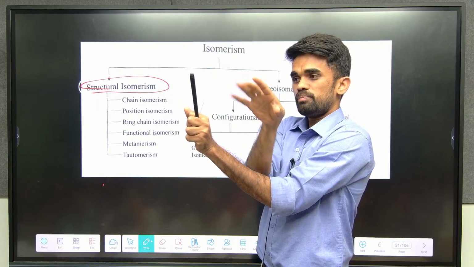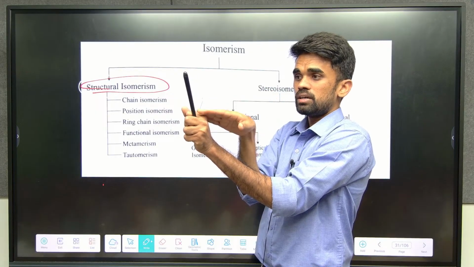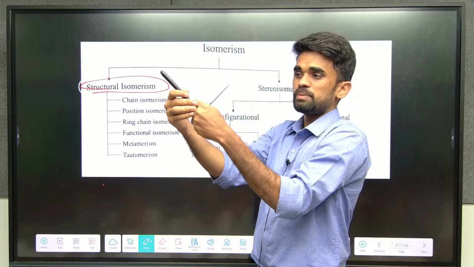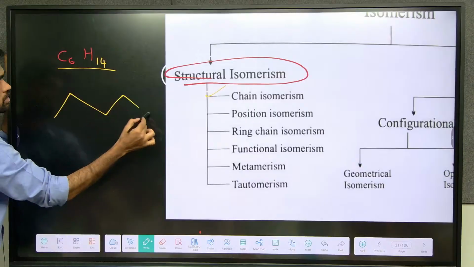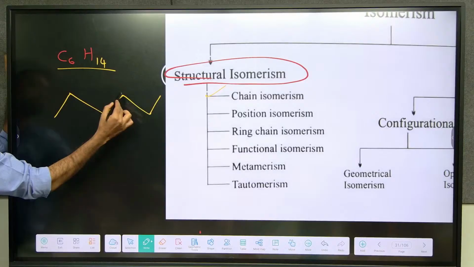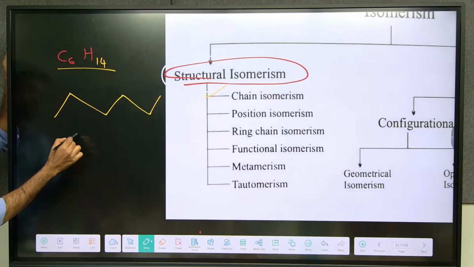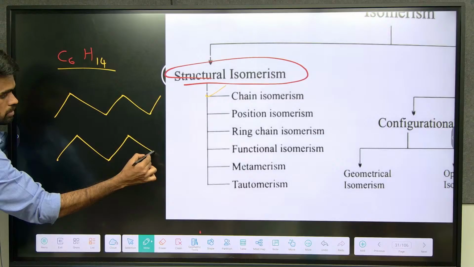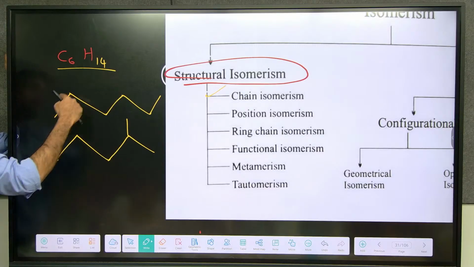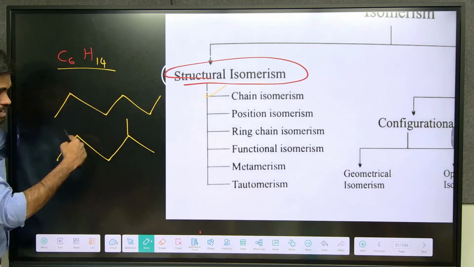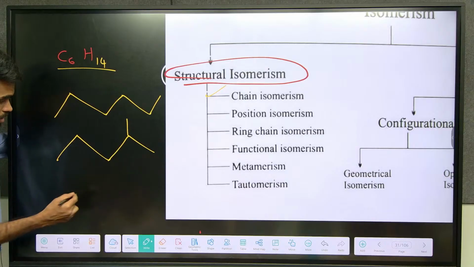Bond connectivity will be the same, but the spatial arrangement will be different. See, the black color pen is away. Like this I am writing. How do 1 and 2 differ? Here the parent chain contains 6, here the parent chain contains 5.